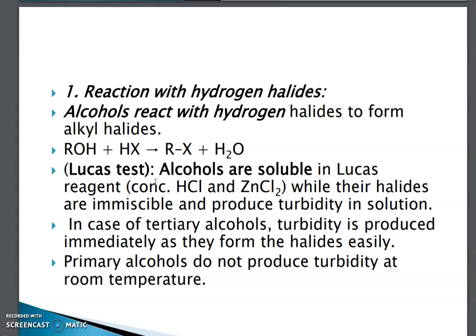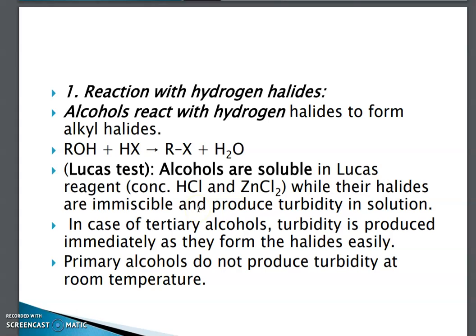The next type is a very important reaction called the Lucas test. It is a reaction for the distinction between primary alcohol, secondary alcohol and tertiary alcohol. There is a Lucas reagent. Lucas reagent is zinc chloride in concentrated HCl.